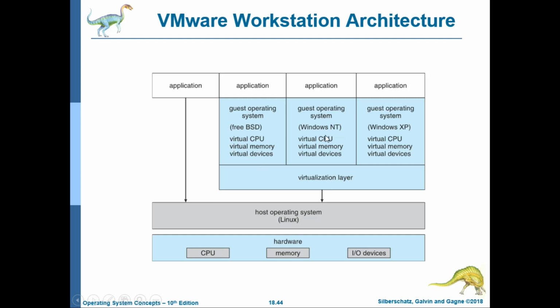So we have 3 virtual machines installed. We have FreeBSD, Windows NT, and Windows XP shown in the example. And then they have their own set of CPU, memory, and devices. And of course, applications can run inside the guest operating system.